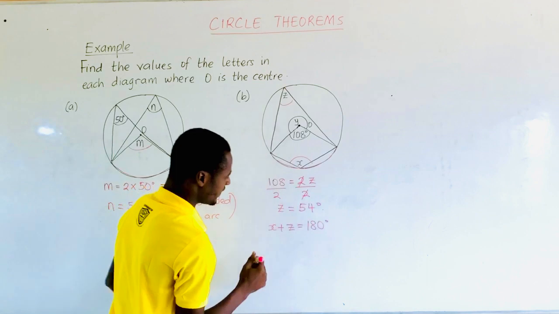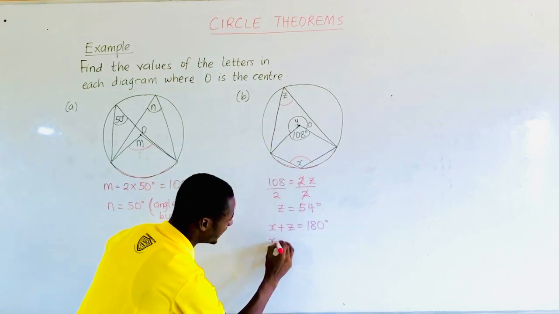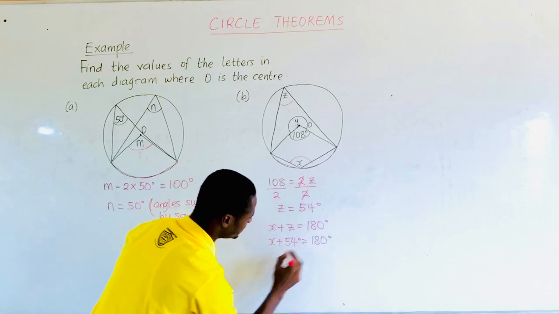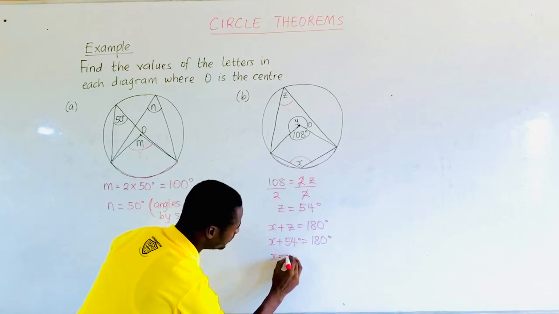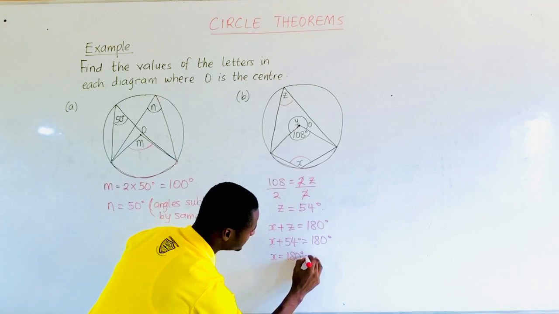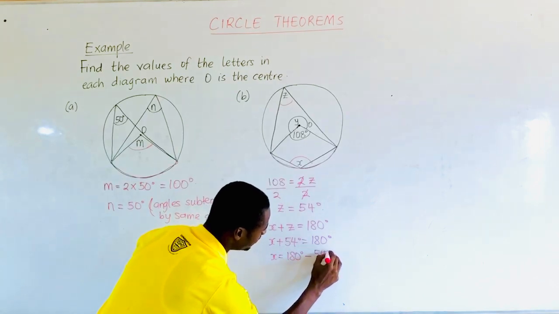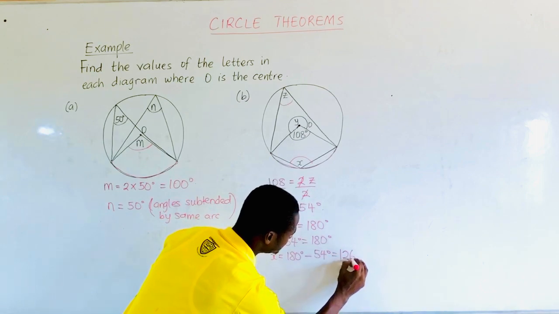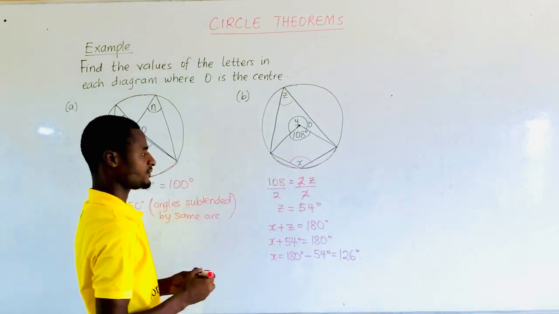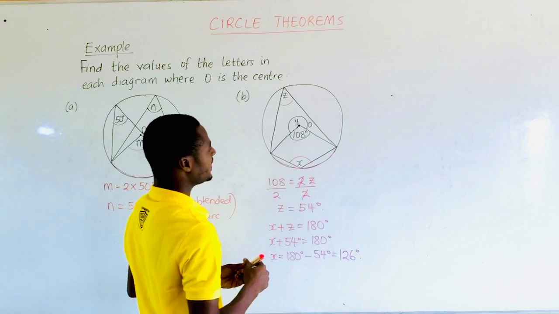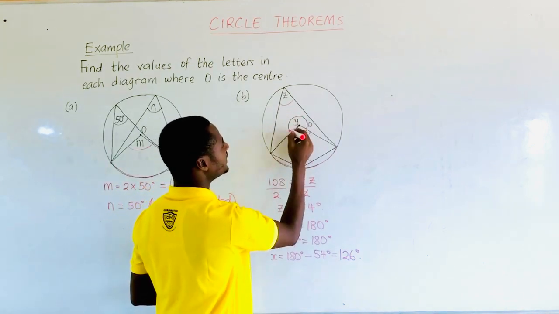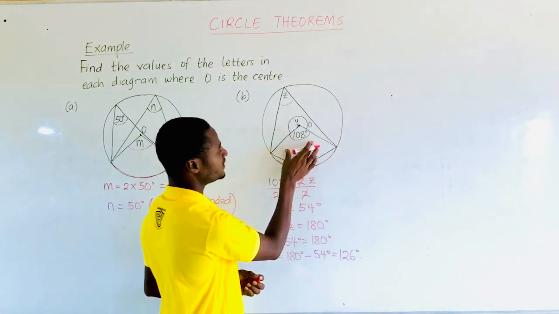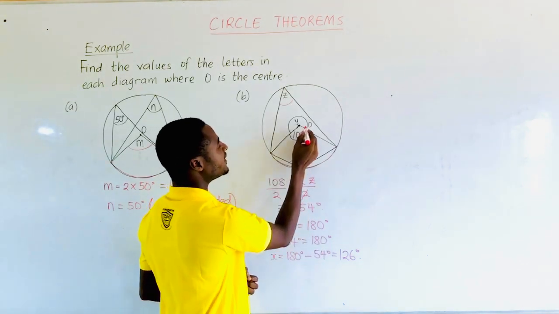We already know the value of z, so x plus 54 degrees is equal to 180 degrees. Then our x will be equal to 180 degrees minus 54 degrees, which will give us 126 degrees.